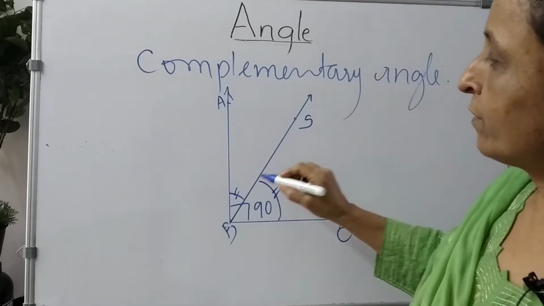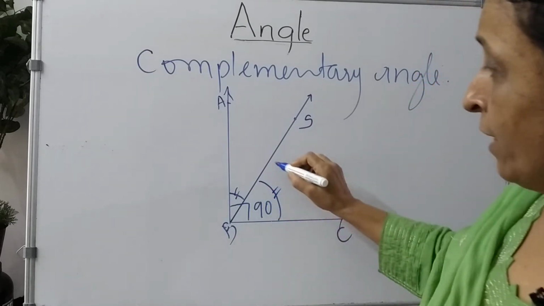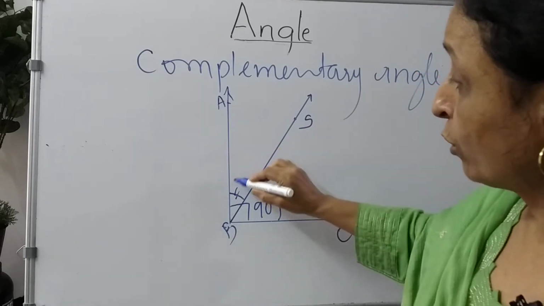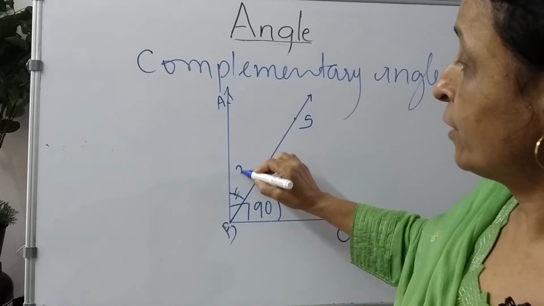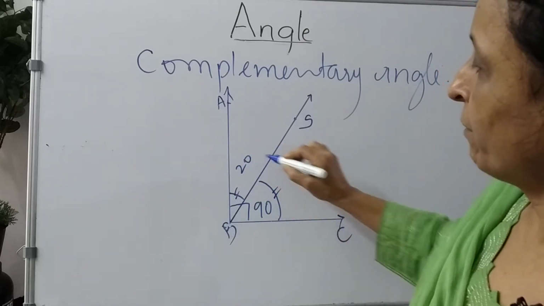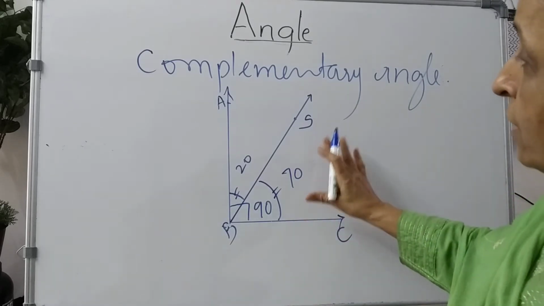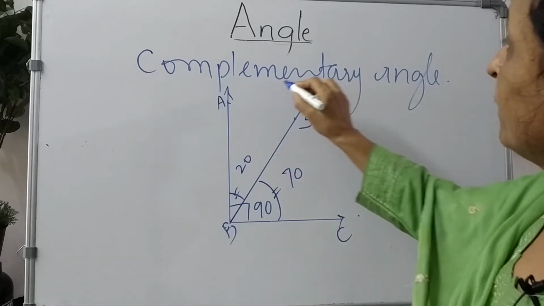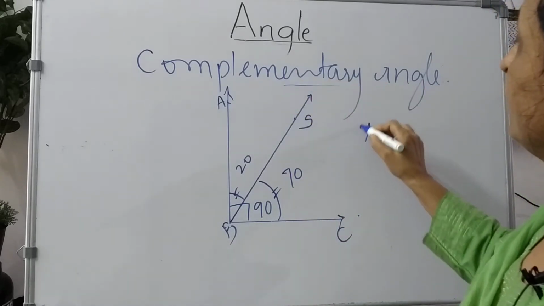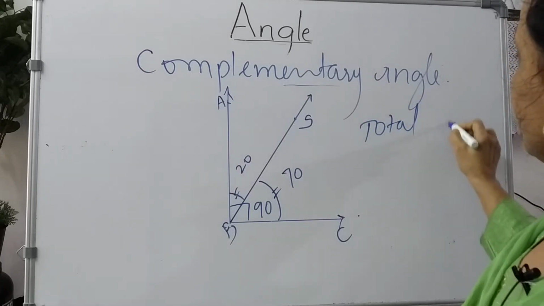Now you have to see that the total has to be 90. So if this is 20, then 90 minus 20, it has to be 70. So this is a complementary angle. Total has to be 90.